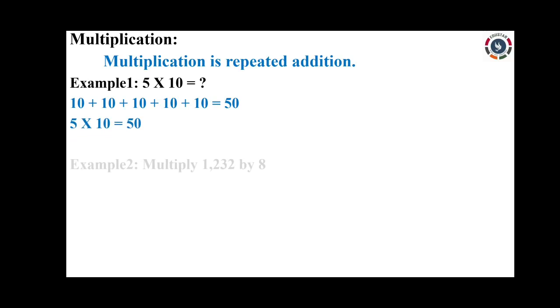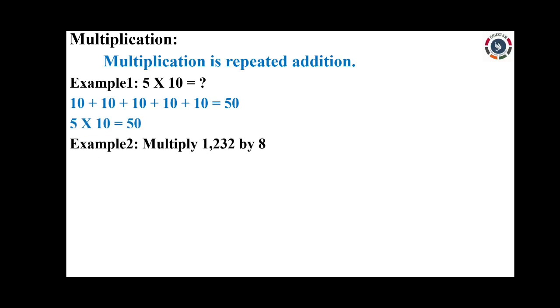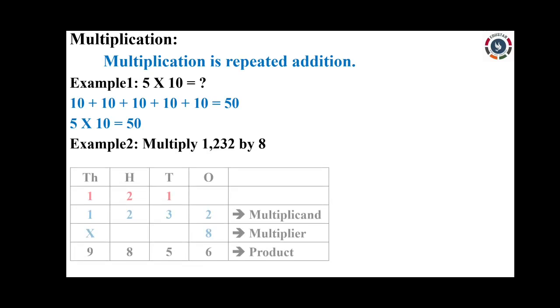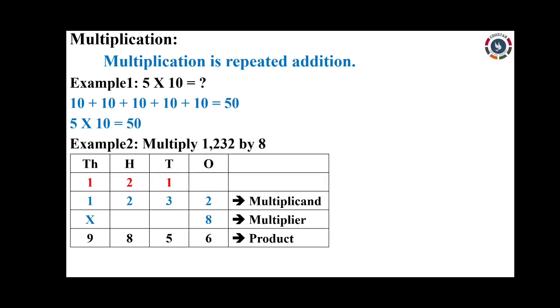One more example. Multiply 1232 by 8. Arrange the given numbers according to their place value. Start to multiply from ones place. 2 8s are 16.